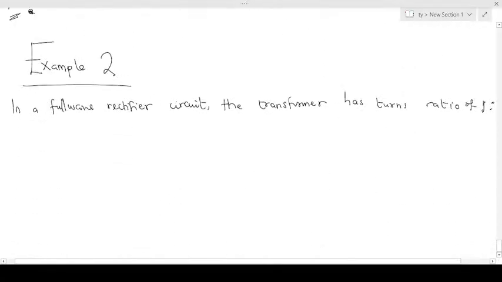So in a full wave rectifier circuit, the transformer has turns ratio of 1:2.